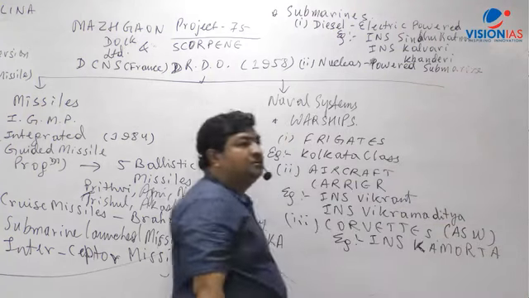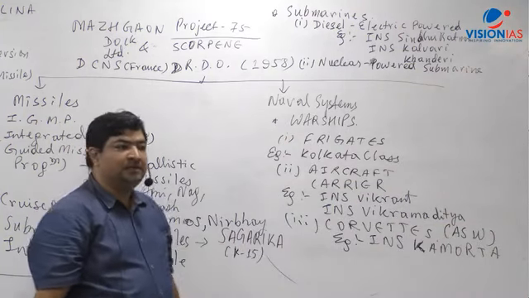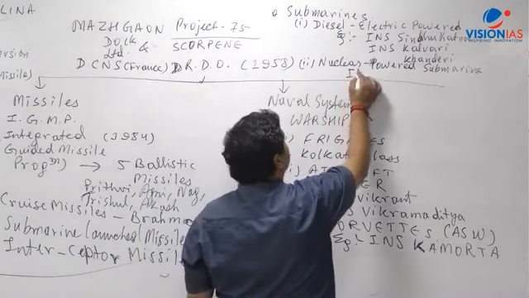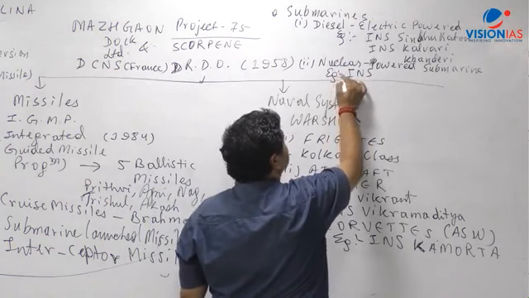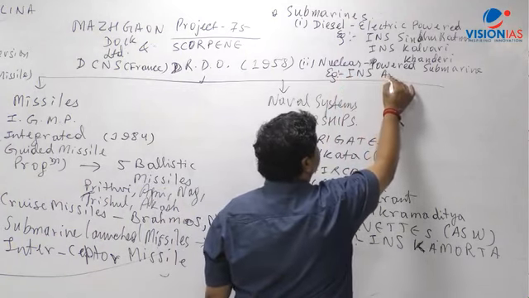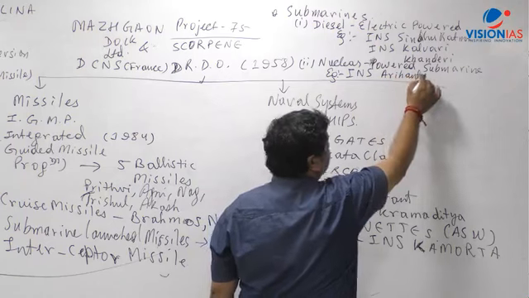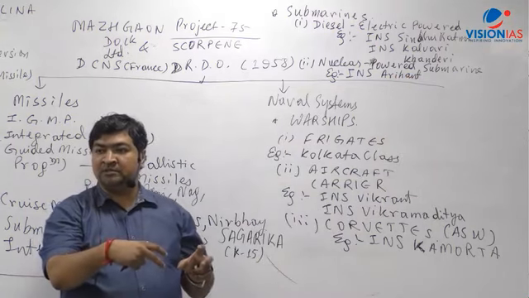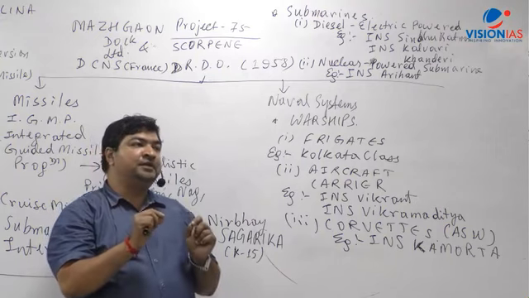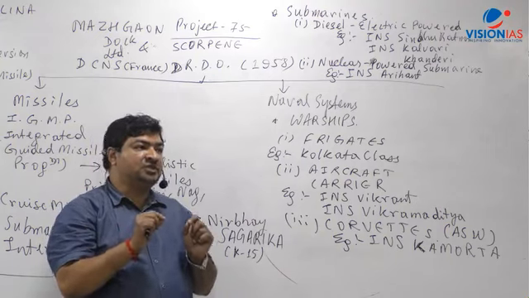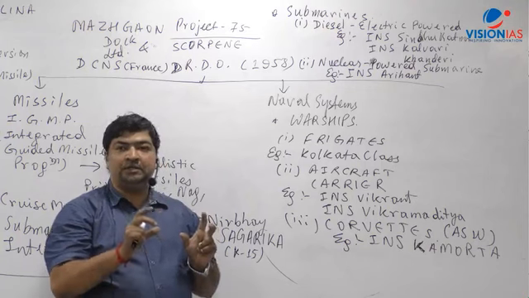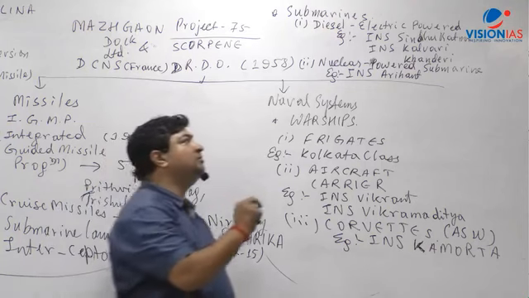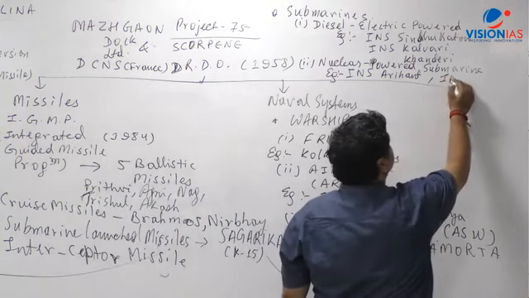Can you name the submarine of India which was earlier acquired and then Arihant was developed? Arihant is nuclear powered. The nuclear power means a nuclear reactor for propulsion. I'll give you the name: INS Chakra. Actually, INS Arihant is the indigenous form of INS Chakra.